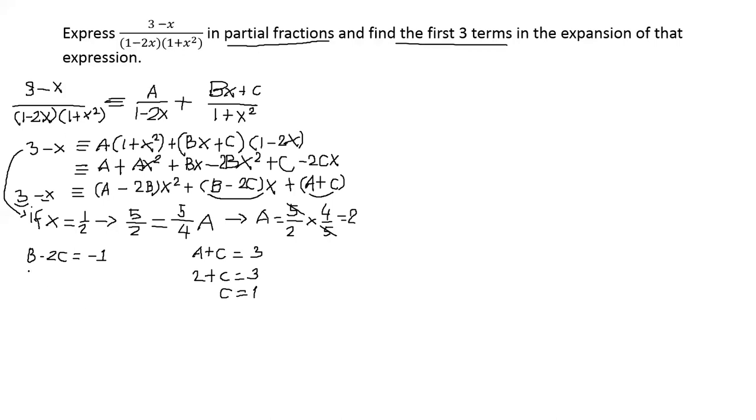If c equals 1, it means b minus 2 equals -1. B equals -1 plus 2, which equals 1. So a equals 2, b equals 1, and c equals 1.